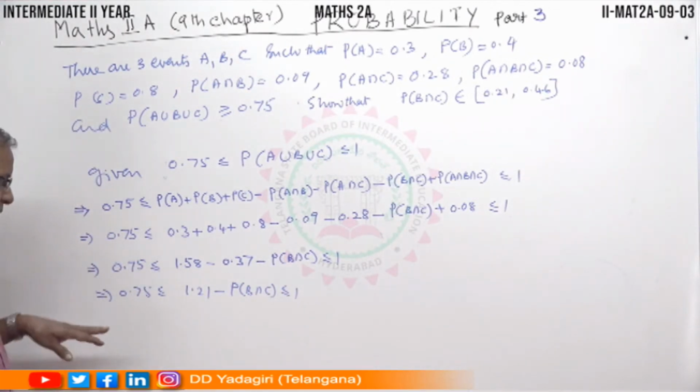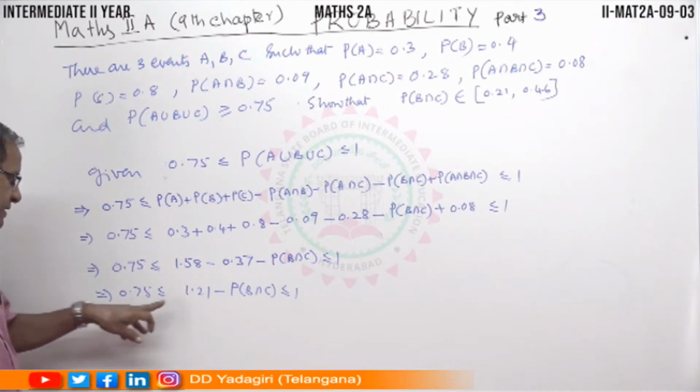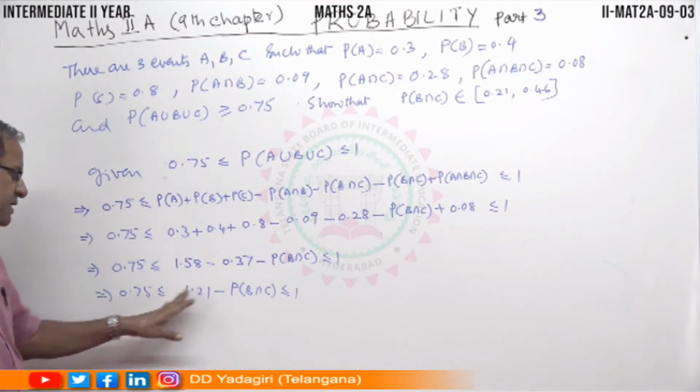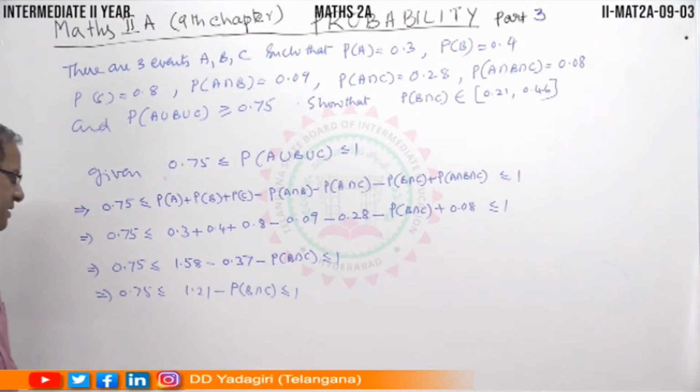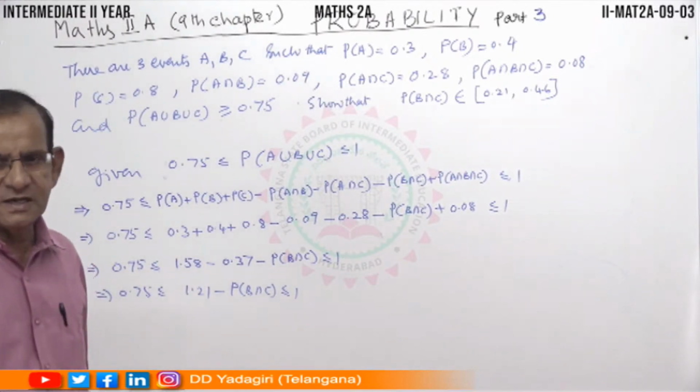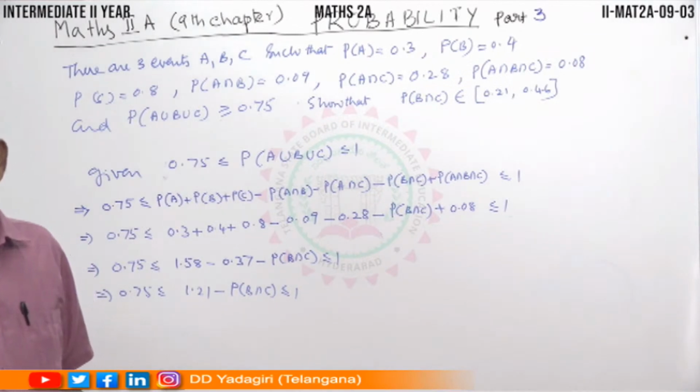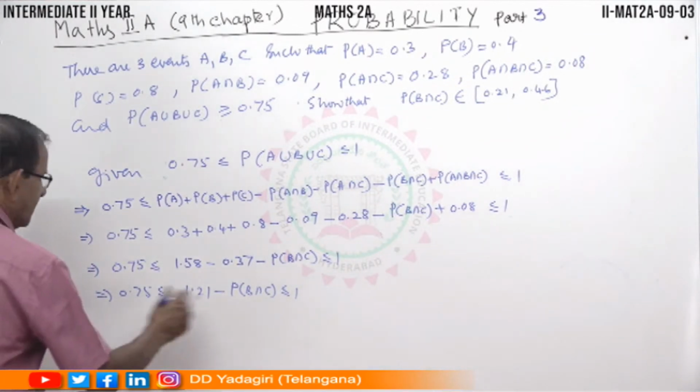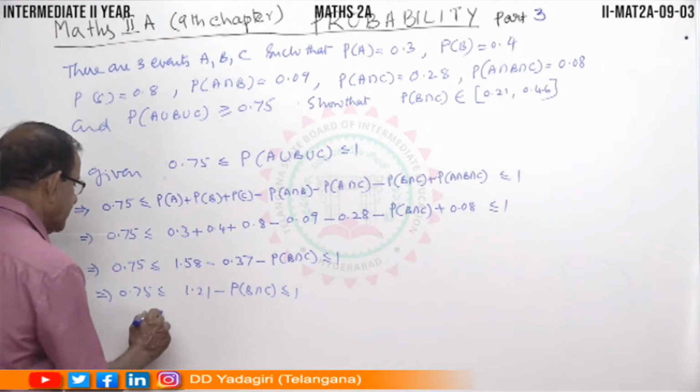Now, to avoid this 1.21, first of all, let us multiply both sides by minus 1. Whenever you divide or multiply with minus 1, less than will become greater than, and greater than will become less than. So, multiply all the three inequalities by minus 1.